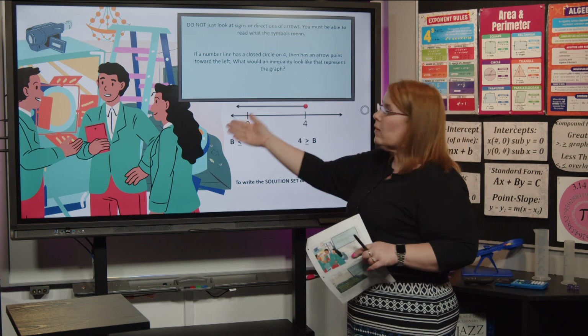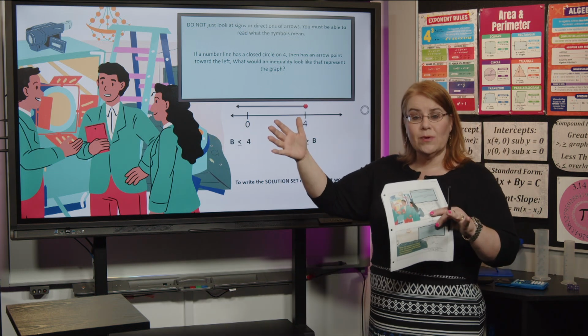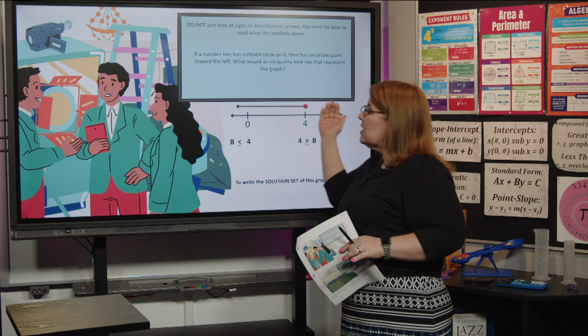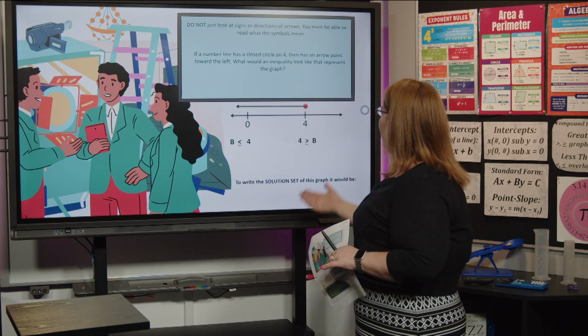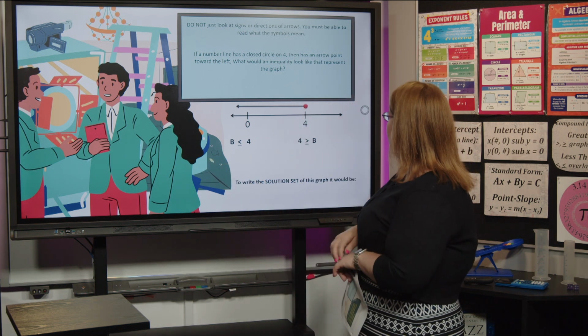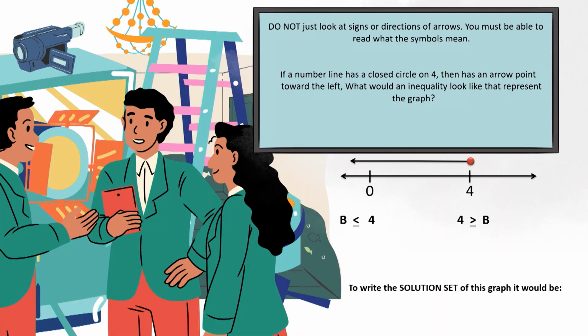And then I'm pointing to the left, meaning all of my possible answers or my variables are smaller. So if I use B, which one would that be? So my unknowns are less than or equal to 4. So it would be this one right here.